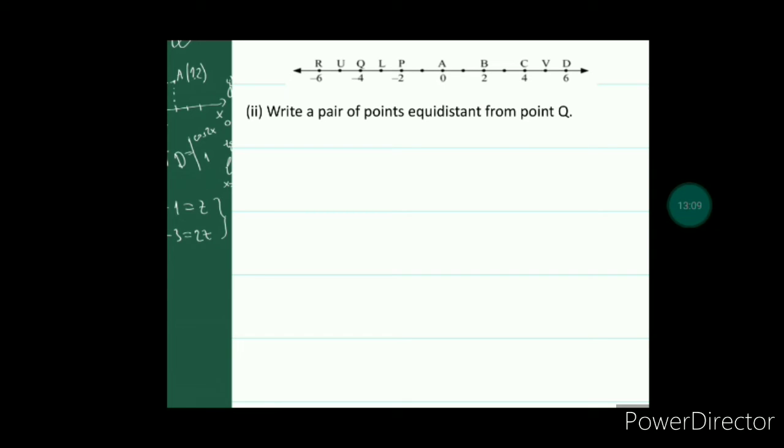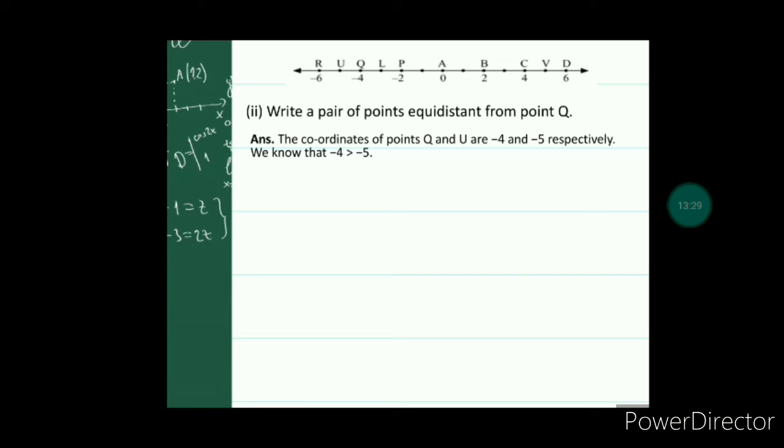Another sub-question is: write a pair of points equidistant from point Q. The coordinates of points Q and U are -4 and -5 respectively.